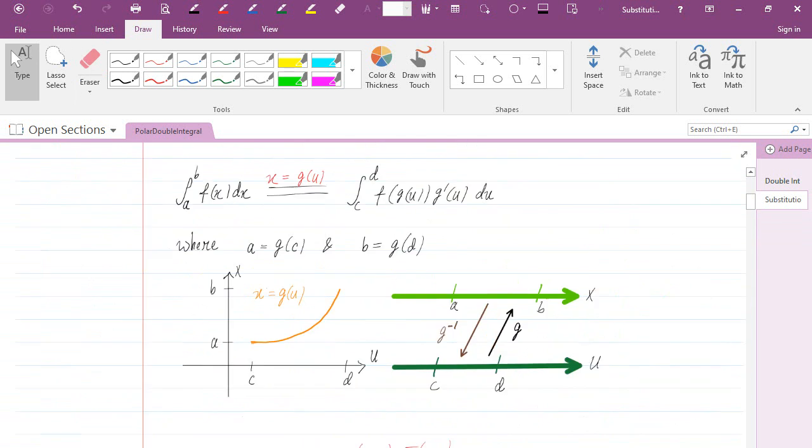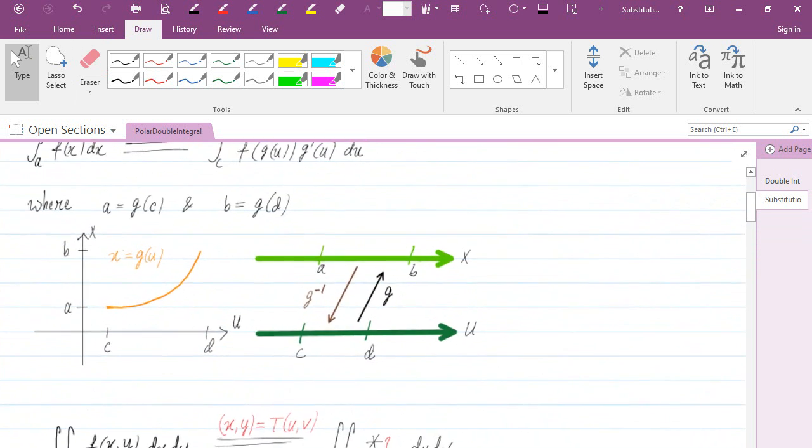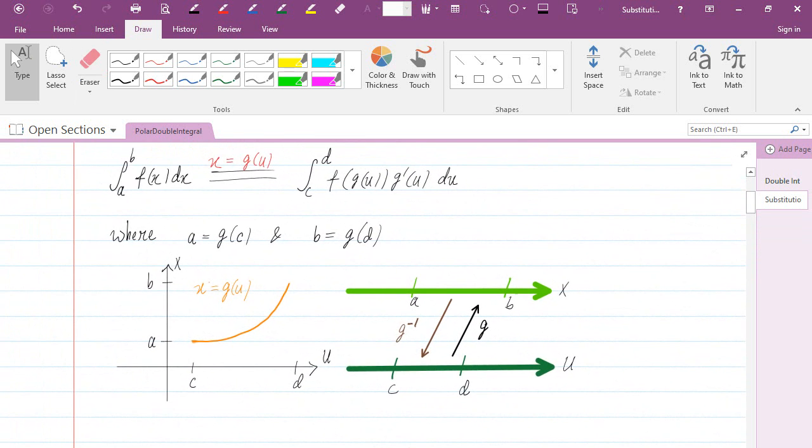Notice that in this integral, the way I want you to think about this is that the function g of u, so let's say this is the u-x plane, takes the interval from c to d onto the interval from a to b.